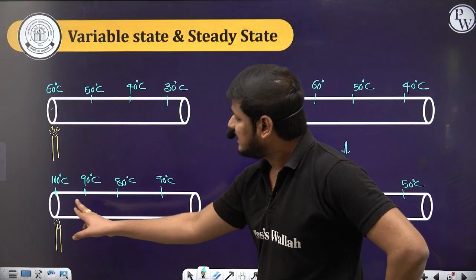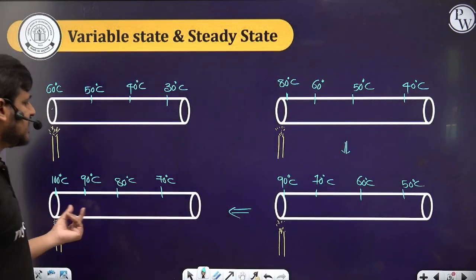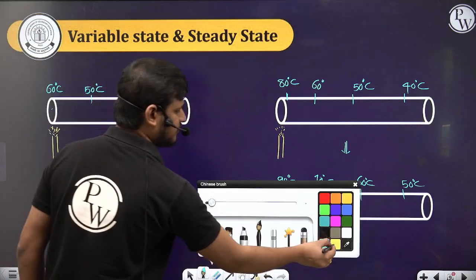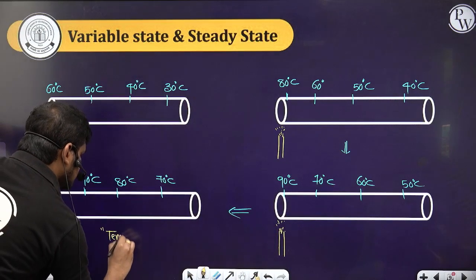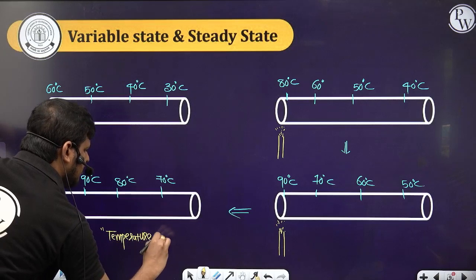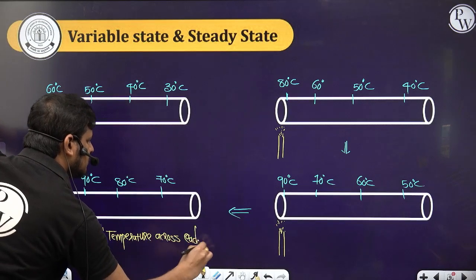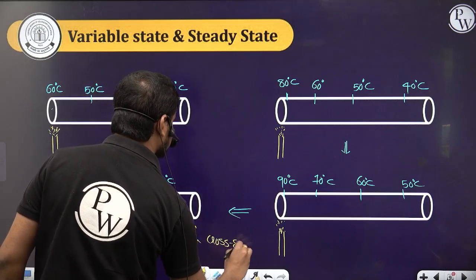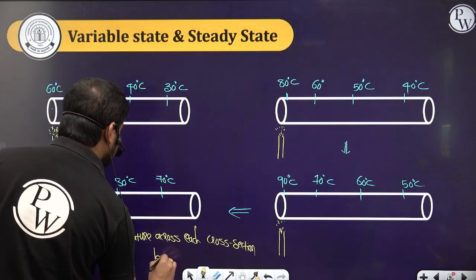So even if you supply the heat here, the temperature across each cross section becomes constant. That state is known as the steady state. So the temperature across each cross section becomes constant.